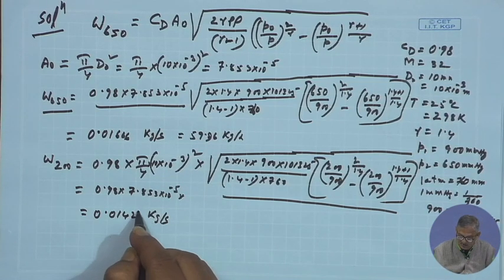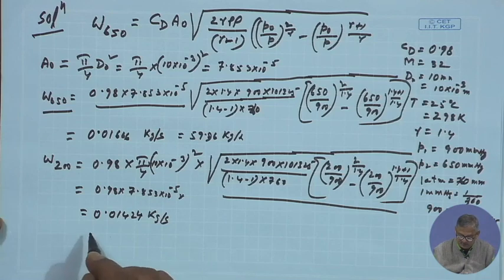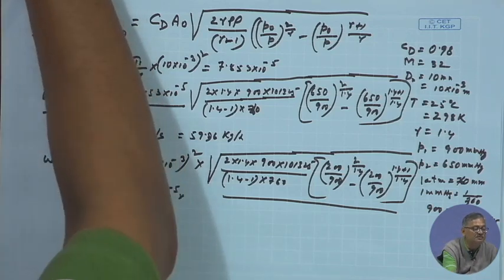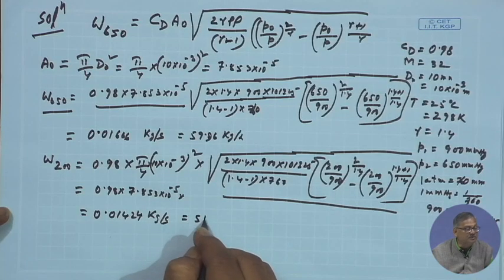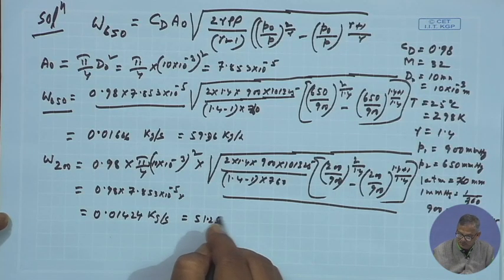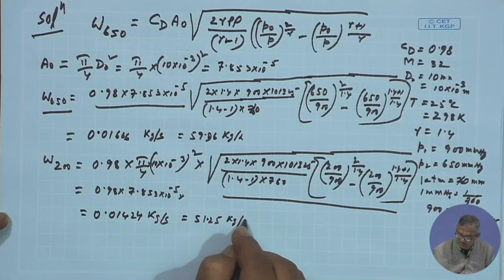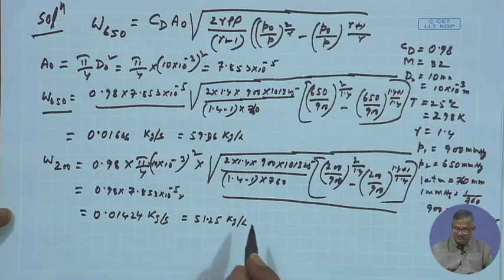0.42 say 4, right? This divided by, not divided by, this into 3600 is equals to 51.25 kg per hour, right?